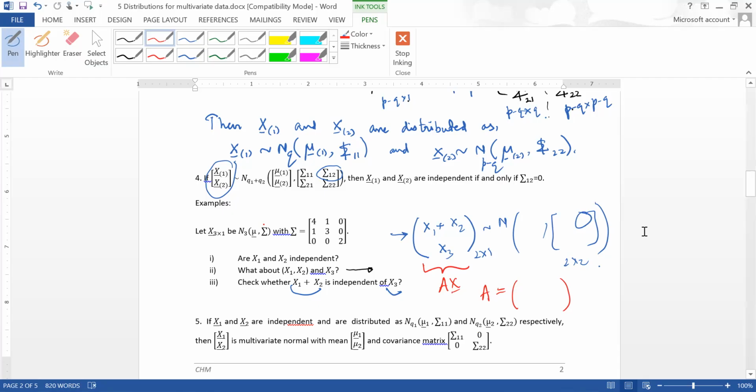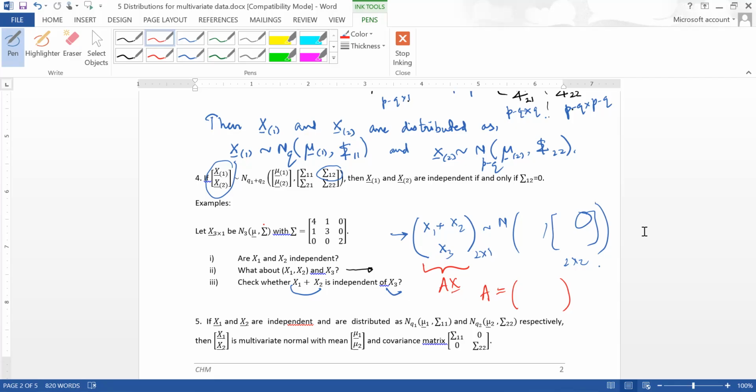Did you understand what I just said? That we have to first find the joint distribution of these two to check whether those two components are independent or not. So it's going to be two linear combinations.